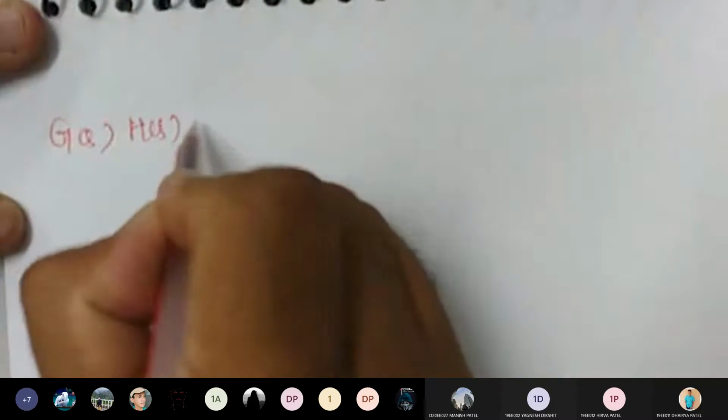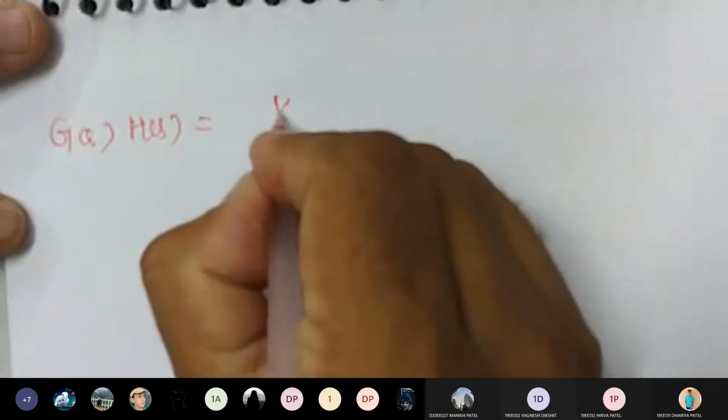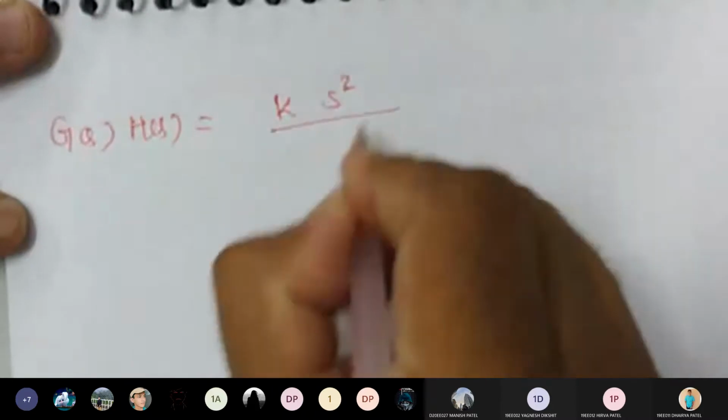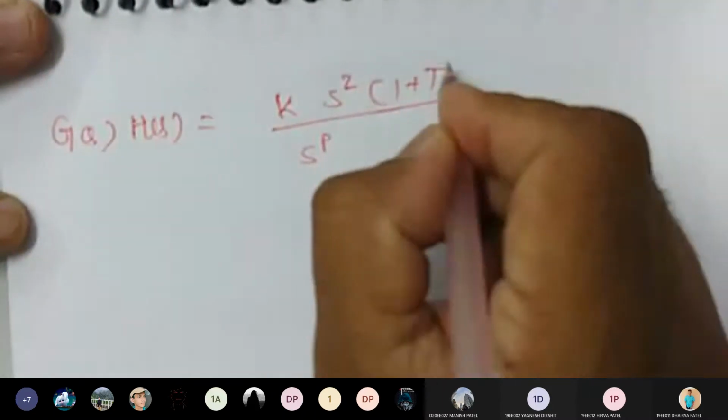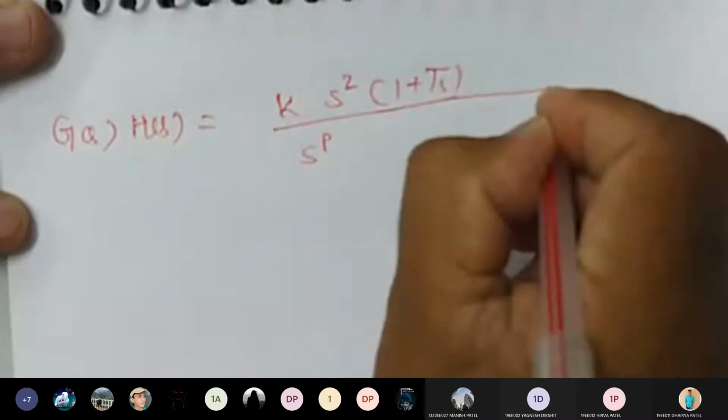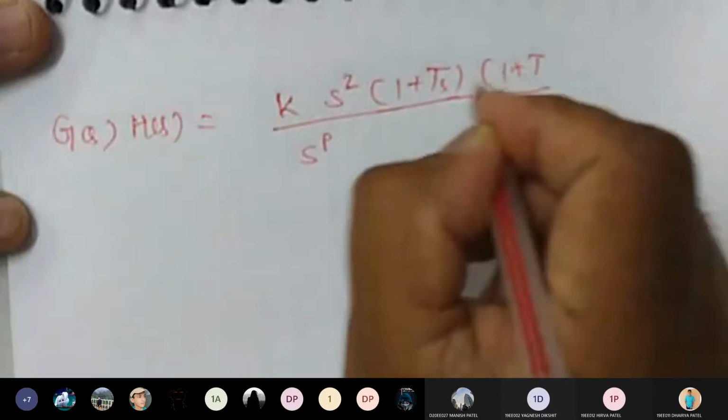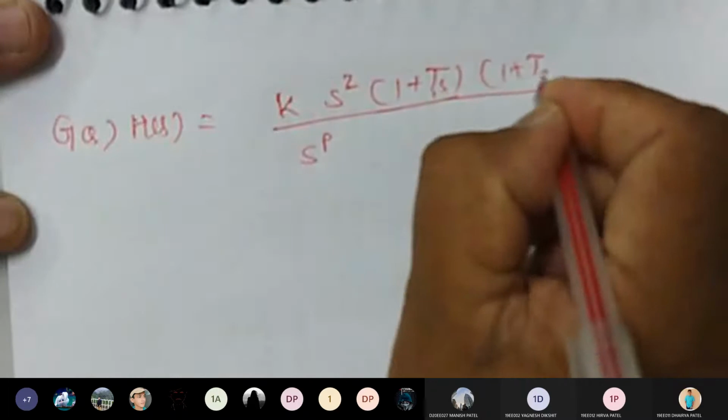Okay, so standard form is nothing but this G(s) H(s) is equal to K into s raised to z divided by s raised to p, 1 plus Ts, 1 plus T1s, 1 plus T2s.